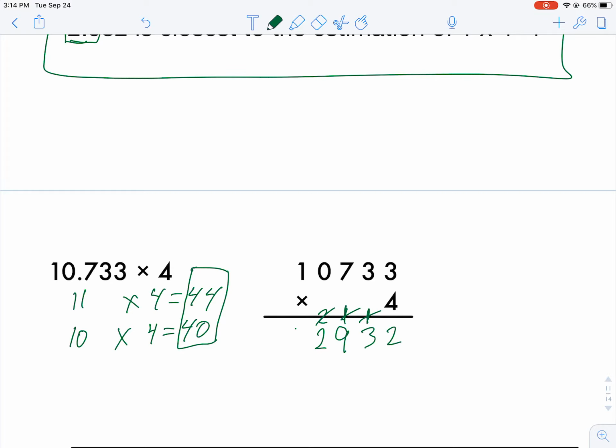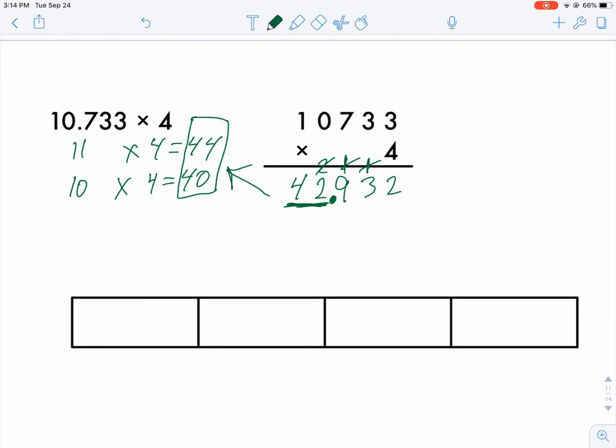And then 4 times 1 is 4. All right, now where do we place the decimal? Well, if you look at our estimations right here, we know the answer should be 40s, 40 something. So we have 42, and we're going to put the placement of the decimal right there.